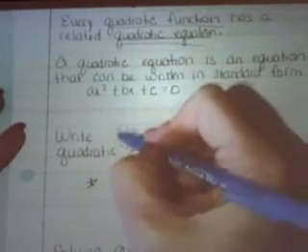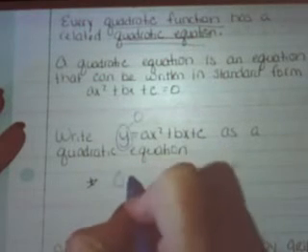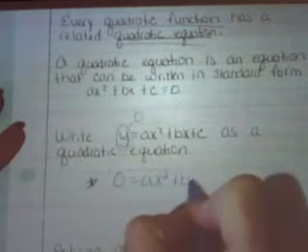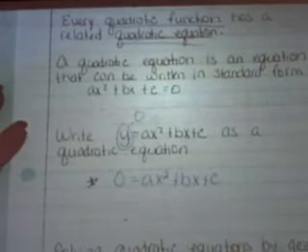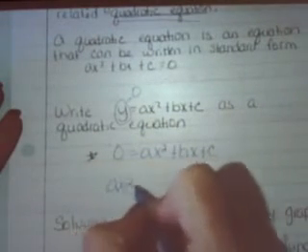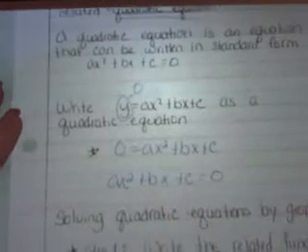In other words, I want my y to be 0. So we're going to have 0 equals ax squared plus bx plus c, or you can write it as ax squared plus bx plus c equals 0.